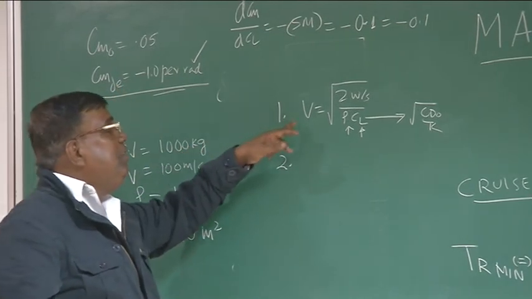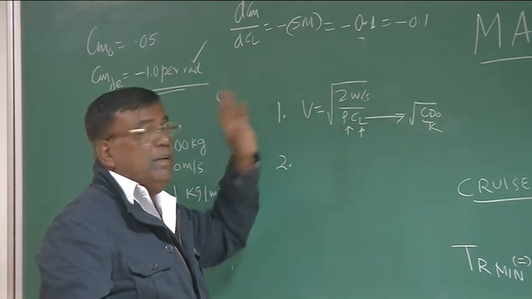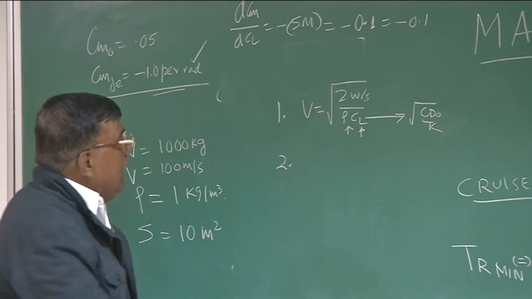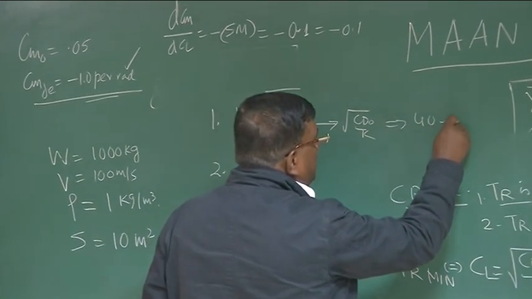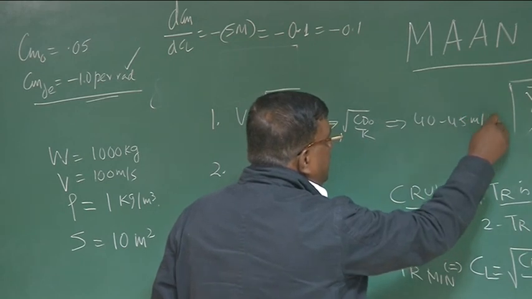V will be driven by these two values for a given wing loading, right? And incidentally for this case, V is coming between 40 to 45 meter per second.